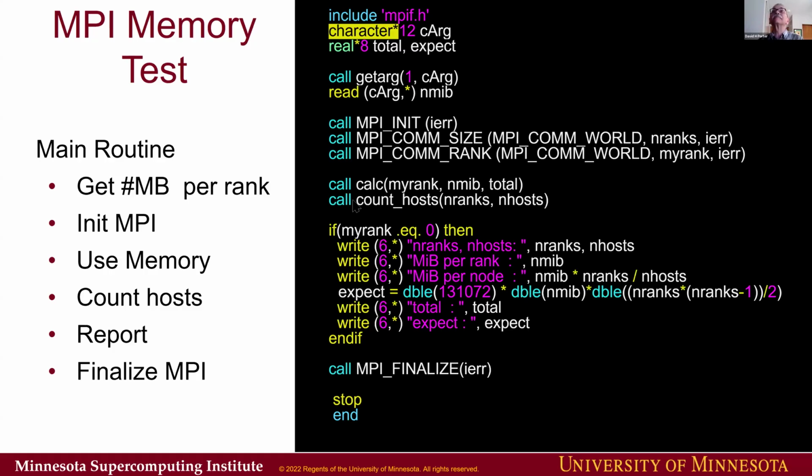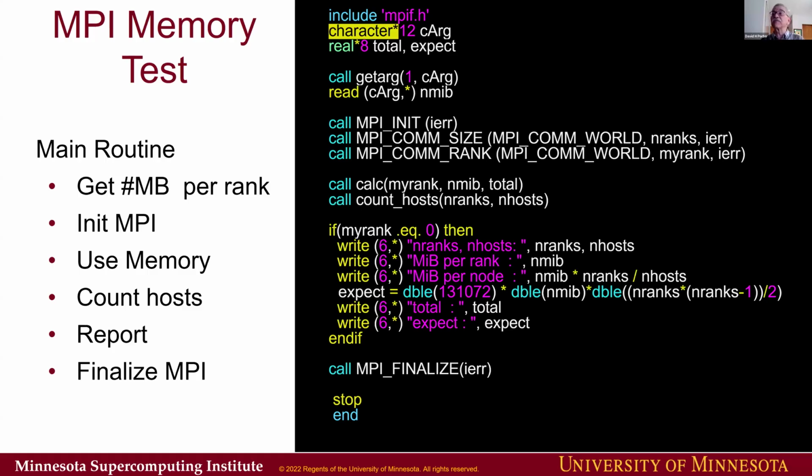And then here, I'm just going to do a simple calculation that will guarantee that I've allocated all the memory that I've requested, and it will be simultaneously allocated on all ranks at once, and only return an answer, total, which is a very cheap checksum that can only be the right value if they all got the right data and summed it up correctly.